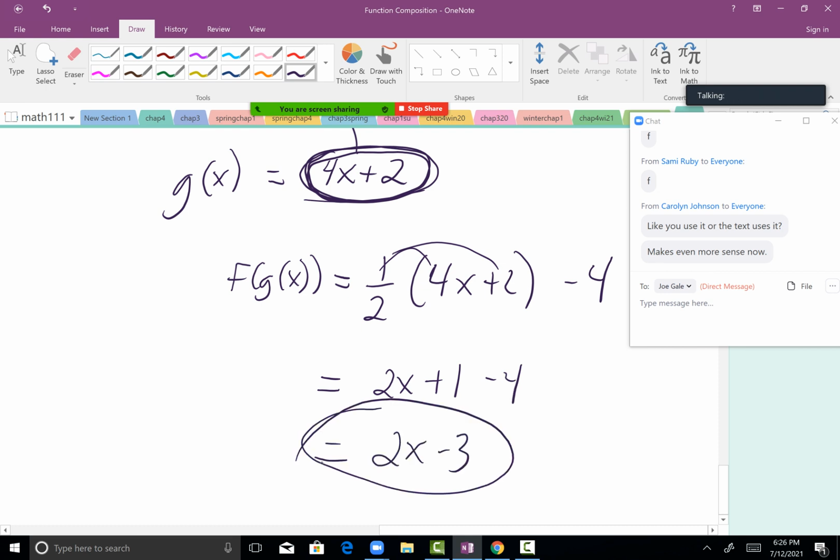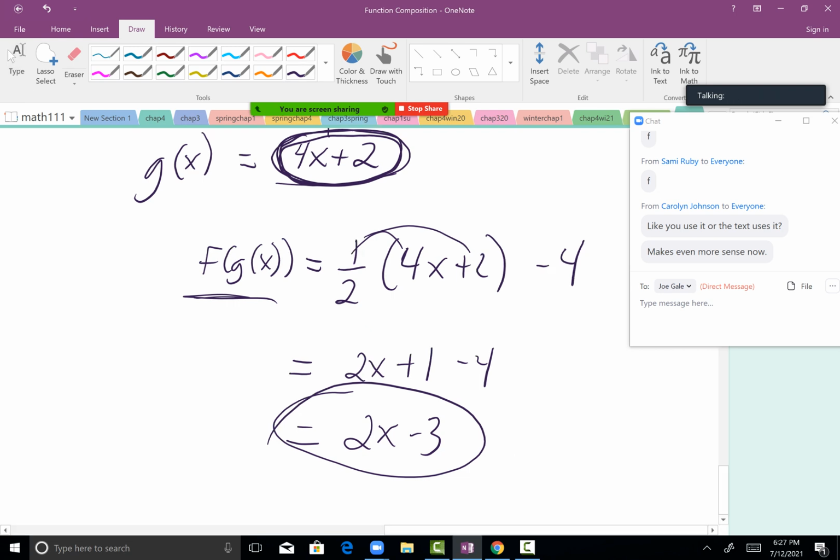So f of g of x is equal to 2x minus 3. All right? And that's what you're going to see. Now, in the book, they'll write it like that. Okay? And you always go inside out. Right?